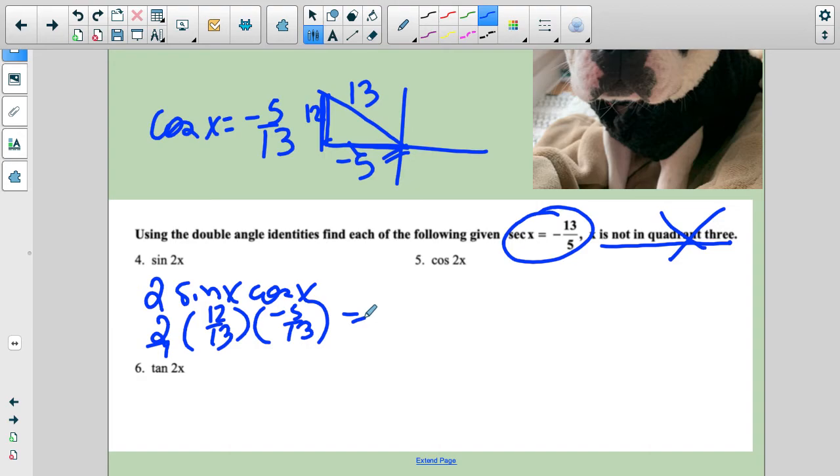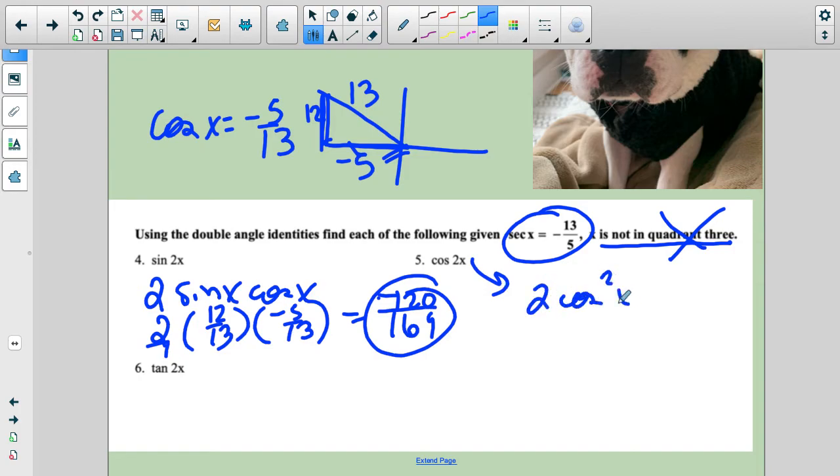That's -120 over 13 times 13 times 1 is 169. Cosine 2x, I would use 2 cosine squared x minus 1, because they gave me cosine x. -5/13 squared minus 1. So your homework's going to be mostly arithmetic. Draw a triangle, Pythagorean theorem, and then fill it into the formula. Tan 2x, I would just put sine 2x over cosine 2x.